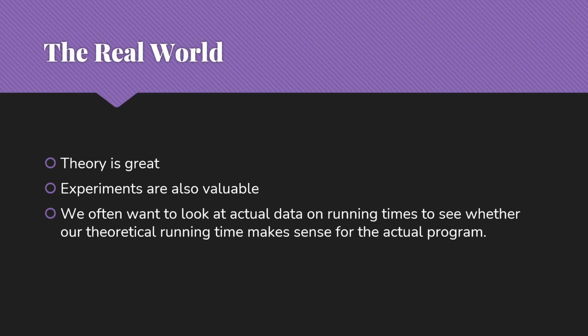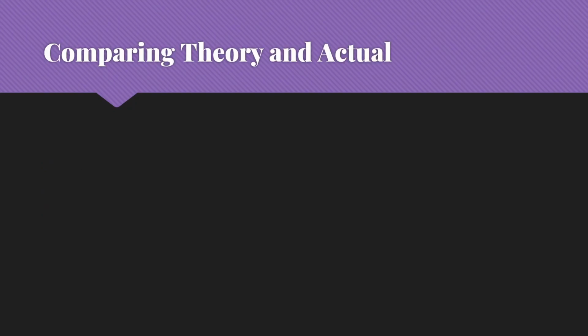So what we often want to do is to look at actual data on running times to see whether our theoretical running time does in fact make sense for the actual program. So when we run the program, does it match what we calculated? We need to know how to compare the theoretical running time with the actual numbers that we got.